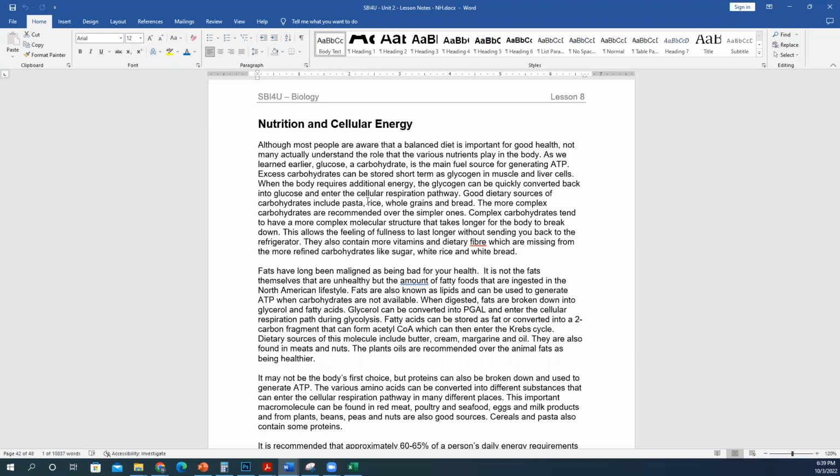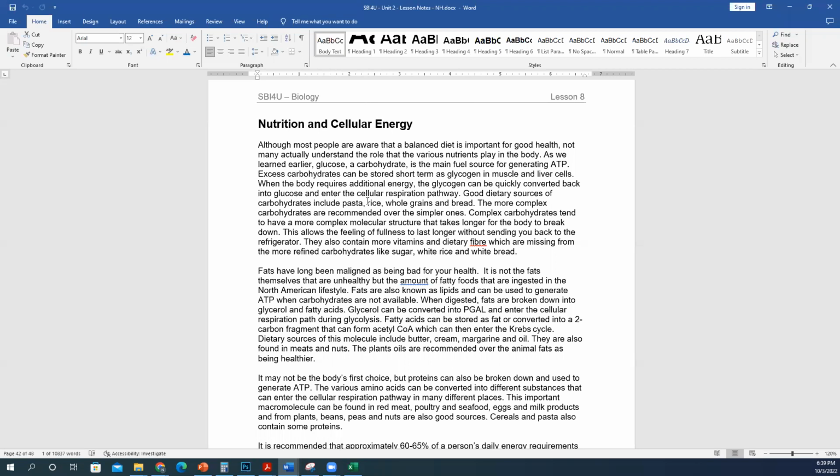That is because complex carbohydrates tend to have more complex molecular structures that take longer for our body to digest and break down. And this helps us to have that feeling of fullness, and our meal feels like it's lasting longer without really needing us to go back to eat more.